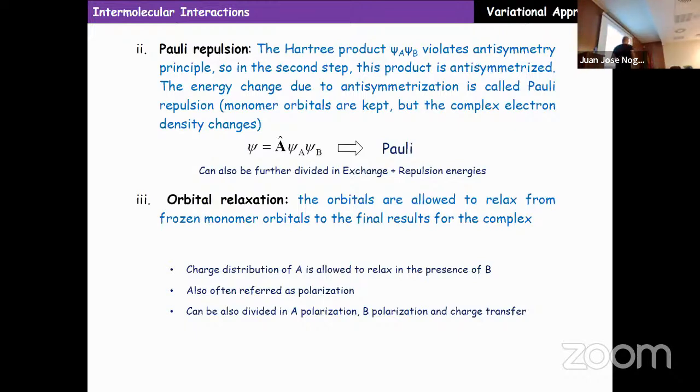This is normally called orbital relaxation in these schemes because they associate this interaction with the orbitals. It's possible to decompose this part of the interaction energy in orbital contributions: how the unperturbed orbitals before the interaction change in the complex.